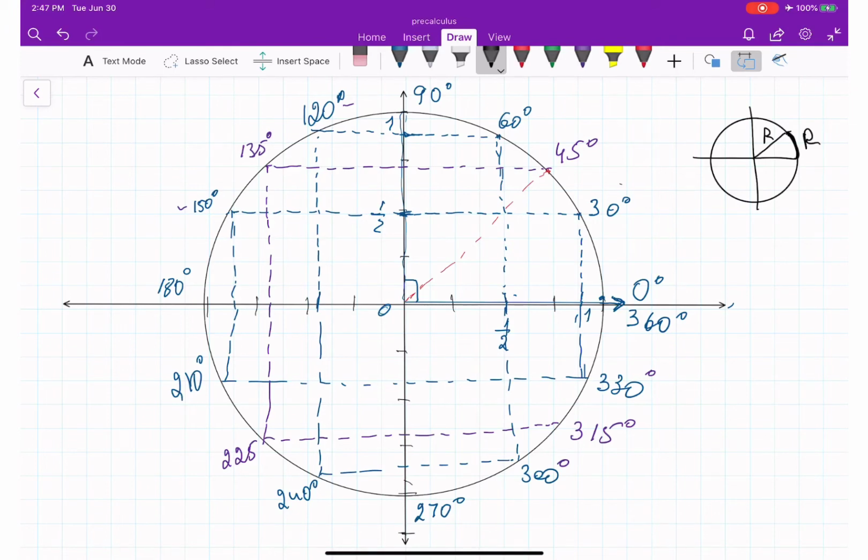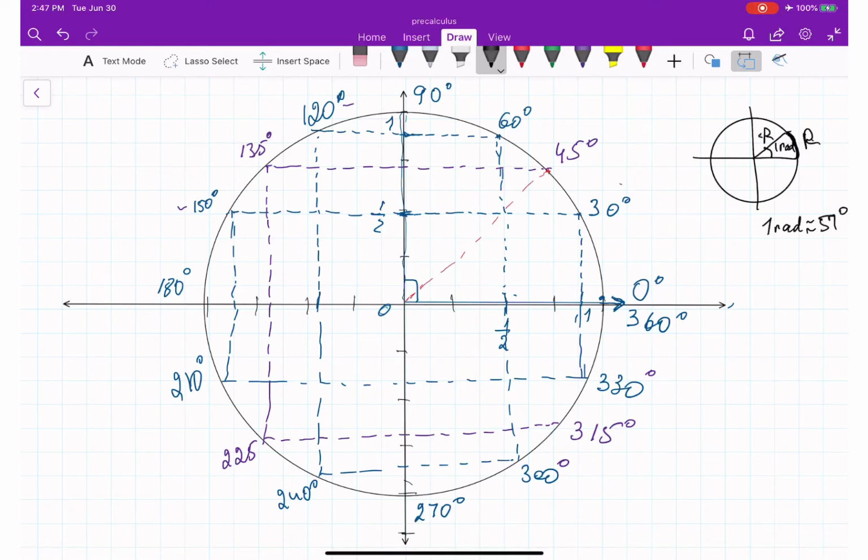I'm not sure if it's equal. No, it's not equal, but use your imagination. It's supposed to be equal because both of them are r, right? And that will be 1 radian. In my previous video about angles, I showed that 1 radian is about 57 degrees. So as you can see, a radian is greater than a degree. Okay, let's move to represent the same angles in the format of radians.